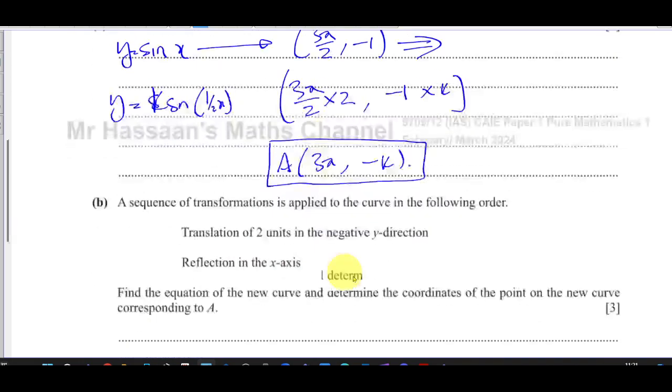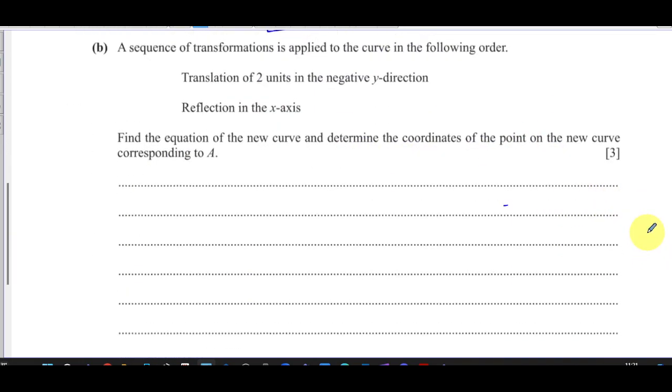The curve then has a sequence of transformations applied in the following order: a translation of 2 units in the negative y direction and a reflection in the x-axis. Find the equation of the new curve and determine the coordinates of the point on the new curve corresponding to A. So we're starting off with y equals k times sine of a half x.